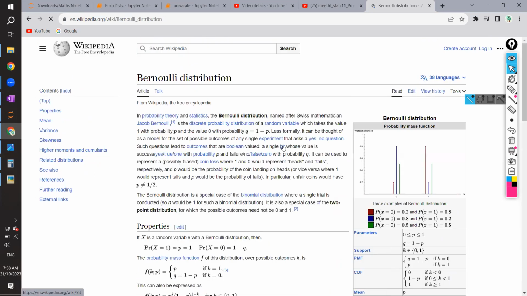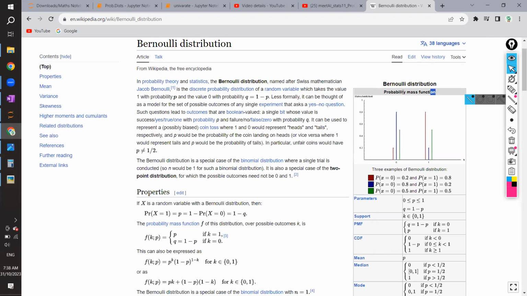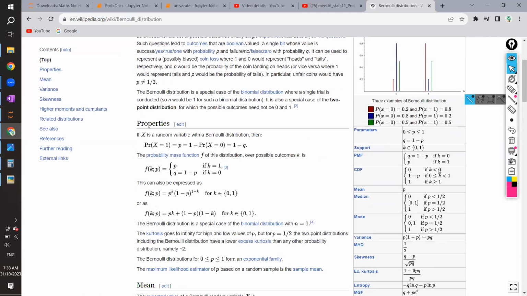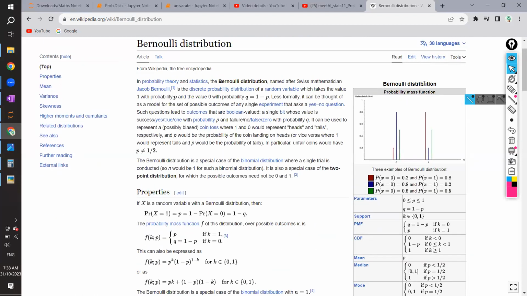So if you see here you have the Bernoulli distribution. Clearly you can see here the probability mass function. This is a PMF function, and each distribution will have some function. Because this is a probability distribution, it comes under the probability mass function, since in this distribution we are considering only a discrete variable.